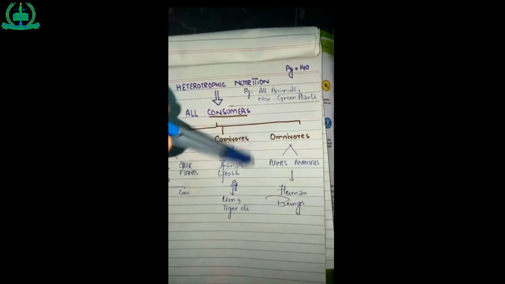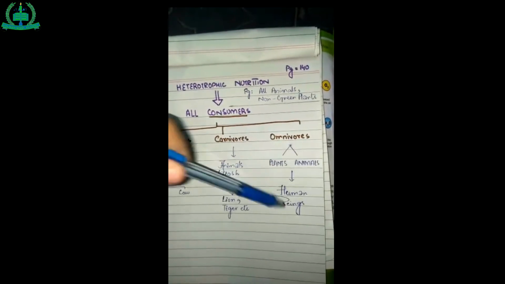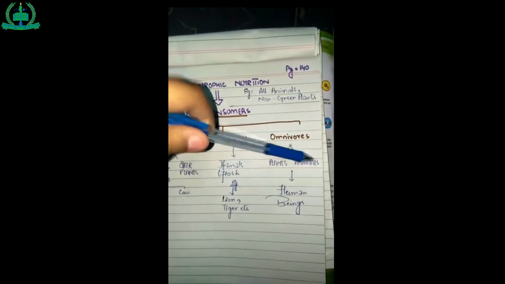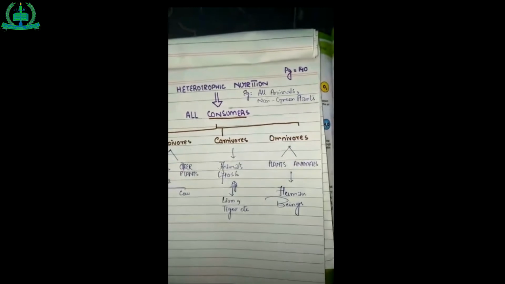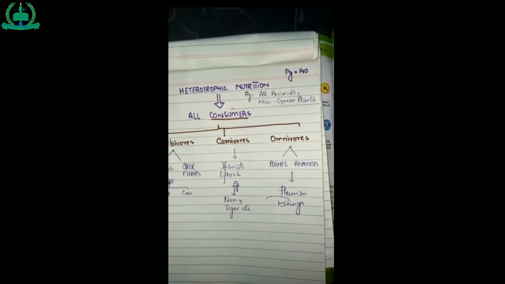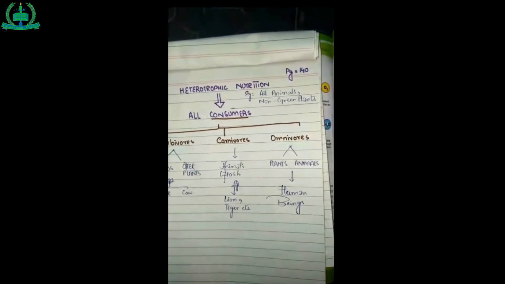Last one, omnivores. Omnivores are the organisms that live on both plants and animals. They rely on both plants and animals. They use both plants and animals as their food. And who are omnivores? We are omnivores. We human beings are omnivores. We eat both plants and animals. We use both plants and animals as our food in order to live.